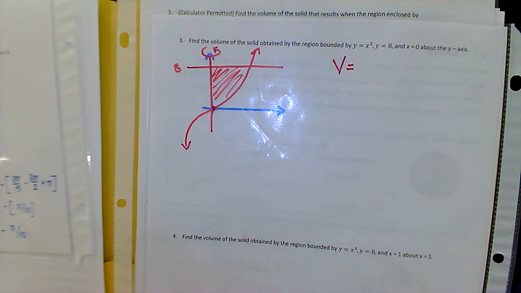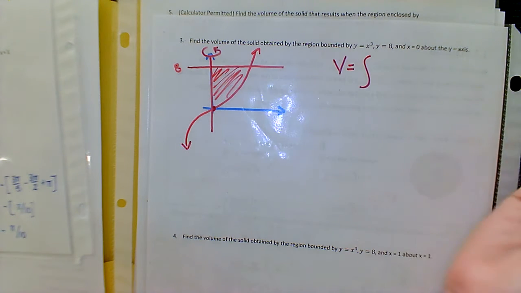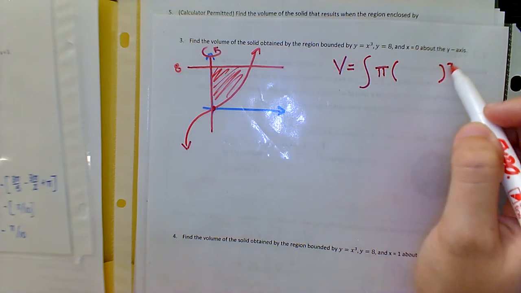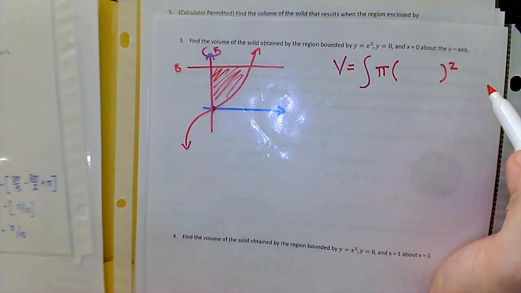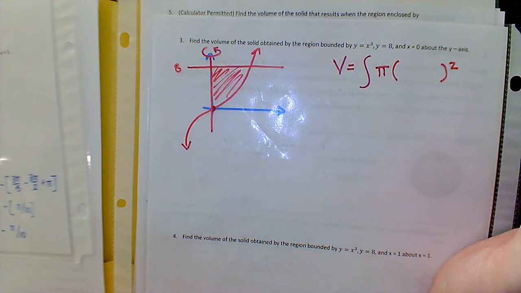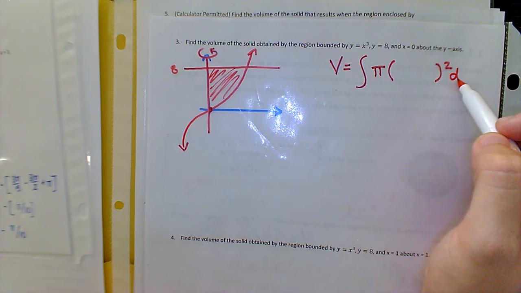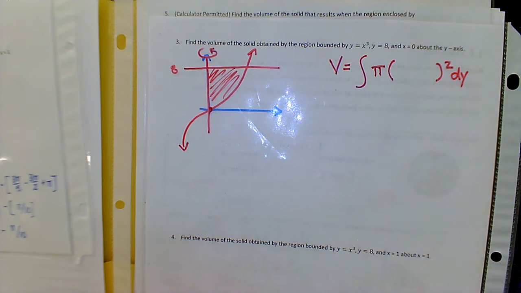So what do we need in our volume integral? Let's see, we'd have pi, radius squared, and the last piece of our integral, dy this time. Yep, we're going around a vertical axis, aka the y-axis.